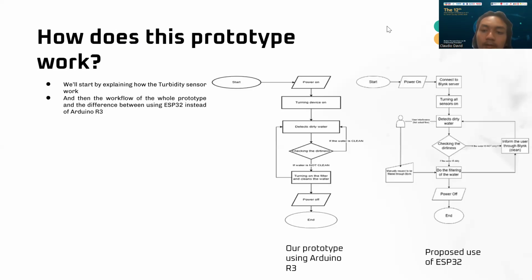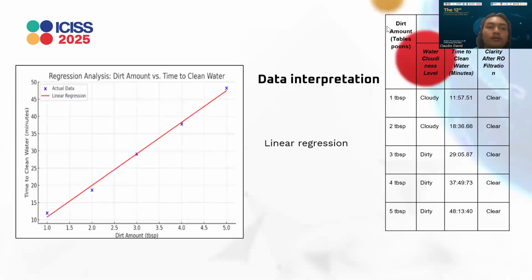It will go to the negative one, and it will start the process of reverse osmosis until it iterates to the clean level.